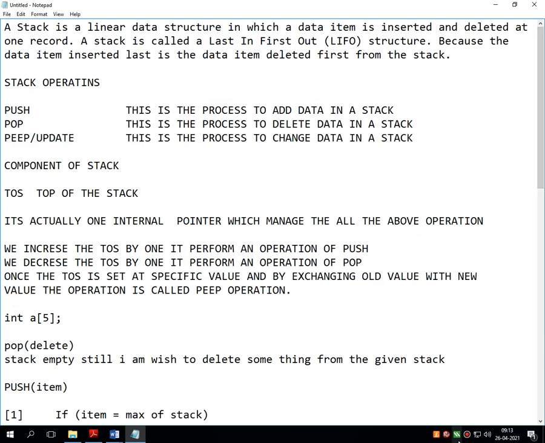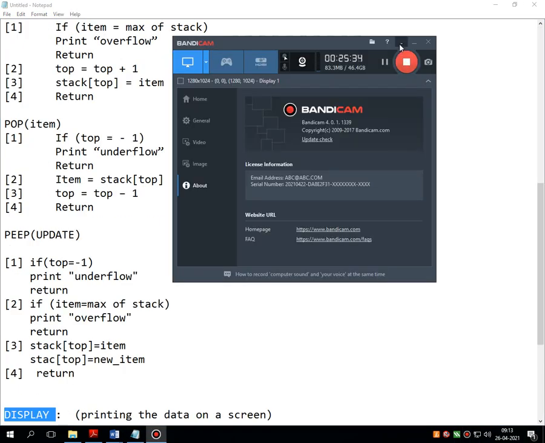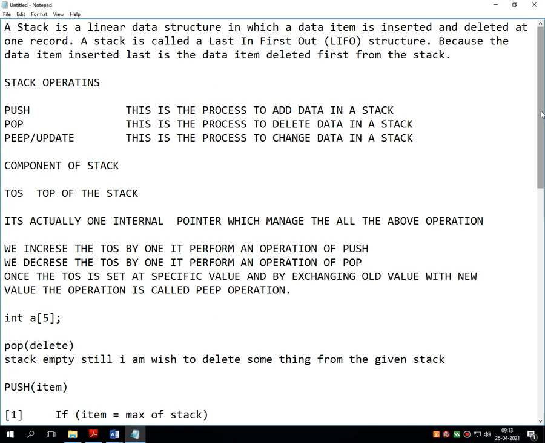I think this is a sufficient dose for today's lecture. I request all the students to listen to today's session at least 2 times for digesting your theoretical concept of stack, because stack is a very important concept as far as the Saurashtra University examination is concerned, and for the further topics of data structure which we are going to discuss in future.